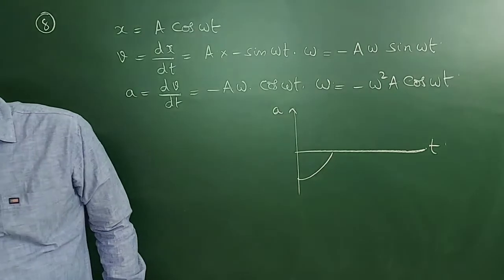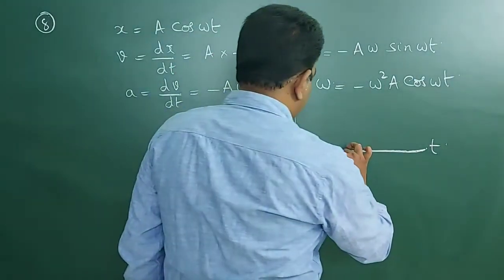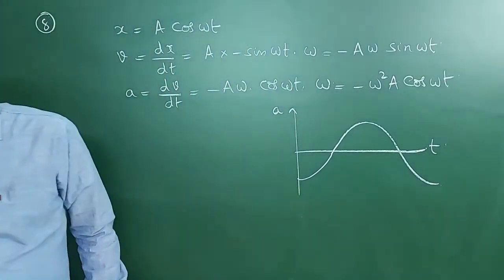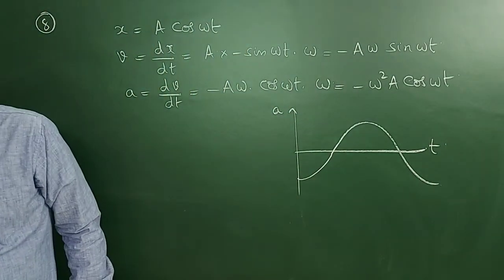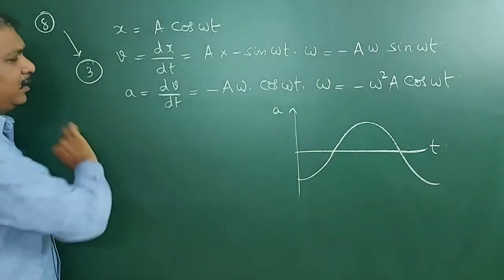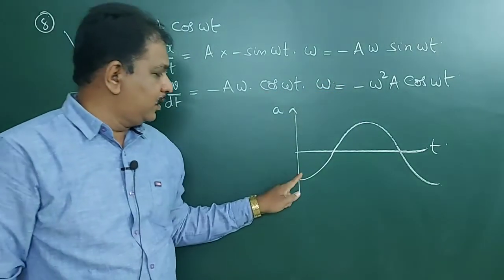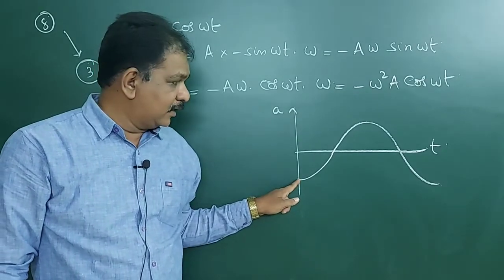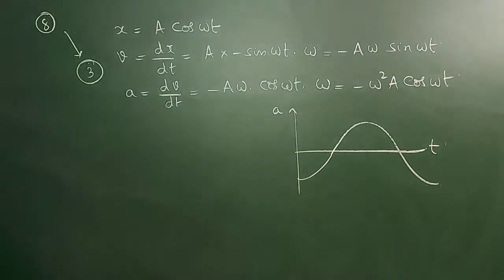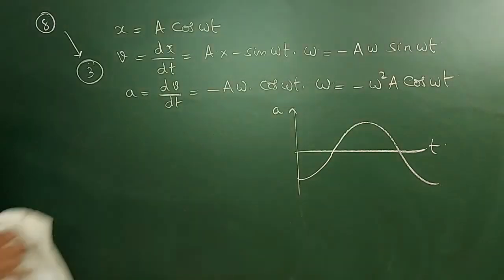So the graph shape will be in this format. So 8th question, it will be the third option. Minus is there, no? So it starts from here and changes in that manner. Next, see the 9th question.